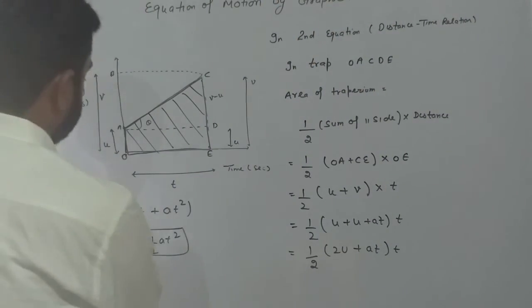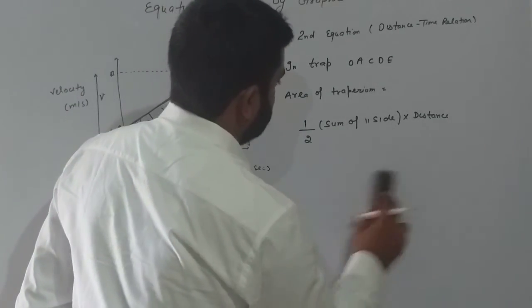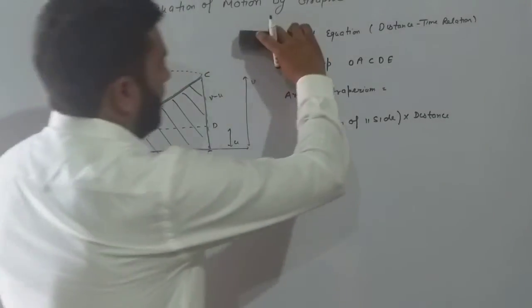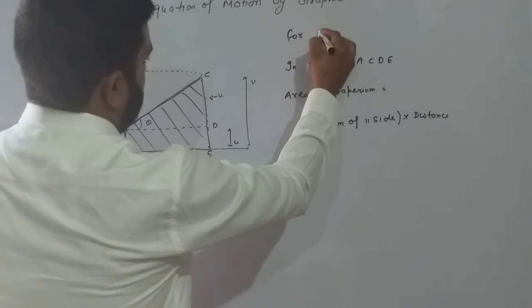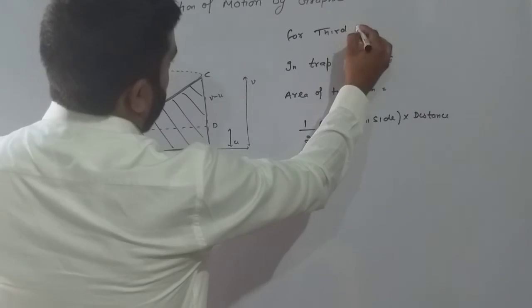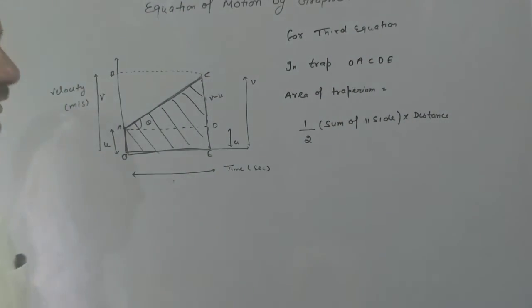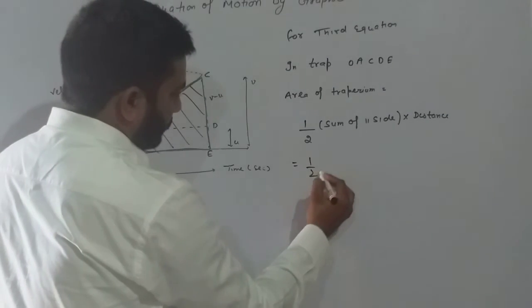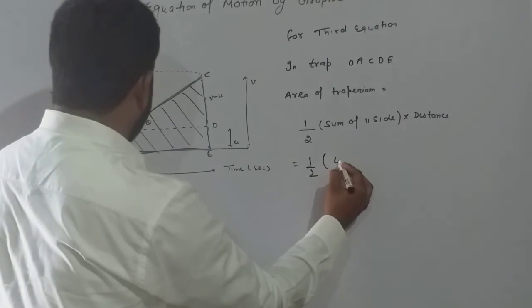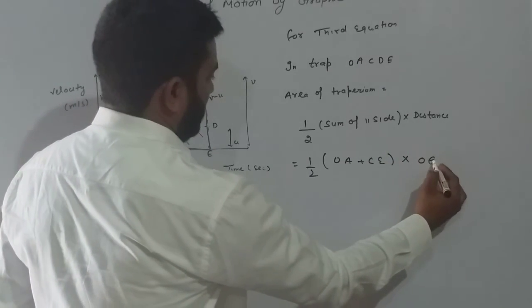Now for the third equation, the same is here: area of trapezium is equal to 1 by 2 into the sum of parallel sides, that is OA plus CE, into the distance OE.